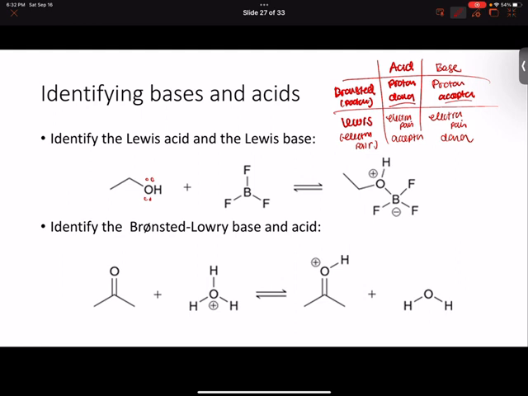So then our oxygen is going to attack down here. And if you think about it, we know that our base is going to be an electron pair donor. The oxygen is donating an electron pair to that boron. So then we can say that this one is our base, and this one is our acid.